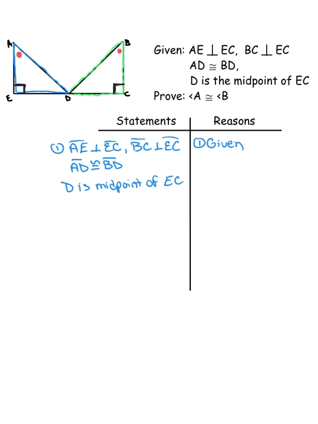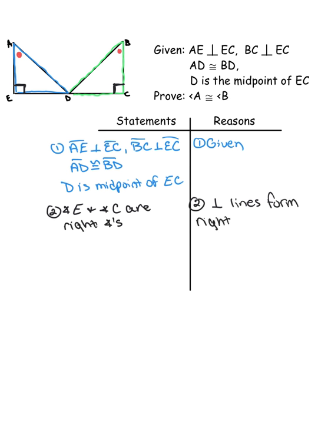So I can start with that and say angle E and angle C are right angles. The reason being, perpendicular lines form right angles. Now, in your head, you should say, well, I know they're both 90, so they must be equal.